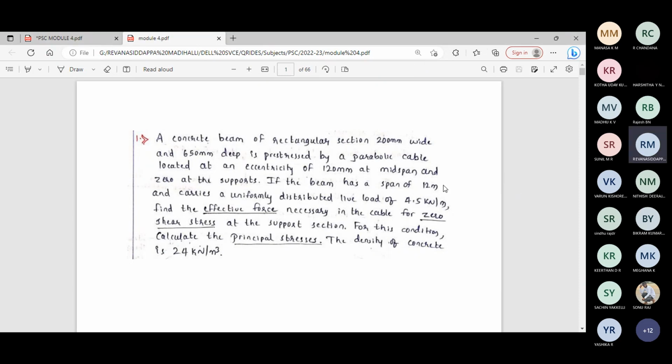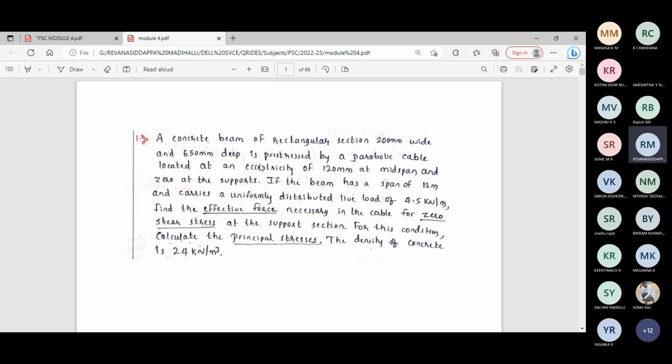All of you write this problem. In this module, directly the numerical problems will be asked.